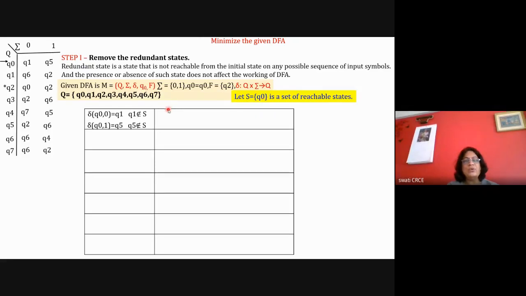But Q1 is reachable from Q0 with 0, and from Q0 with 1 the machine goes to Q5. That means Q5 is also reachable, and both states are not currently in capital S, so I am going to add them. Now I have added both Q1 and Q5 to S, and the states Q0, Q1 and Q5 are all reachable.